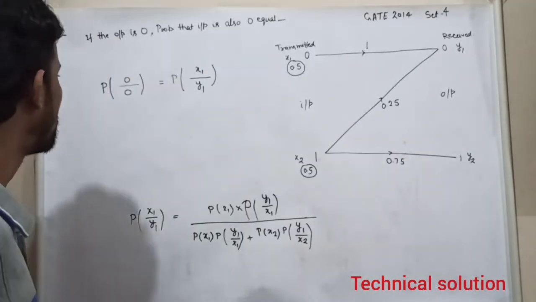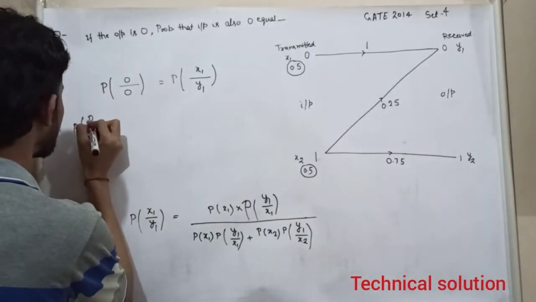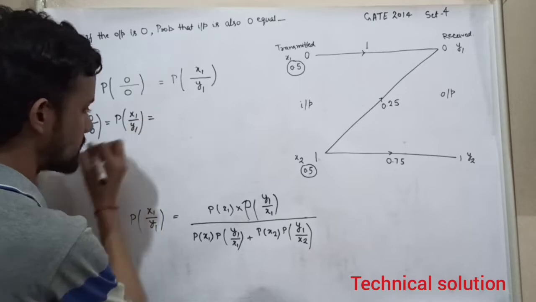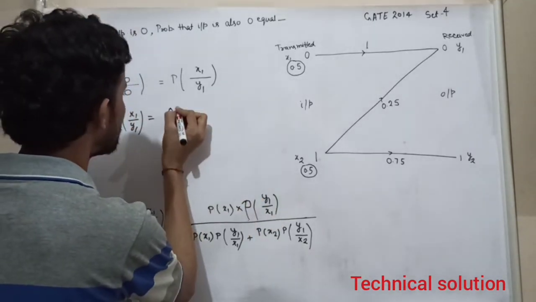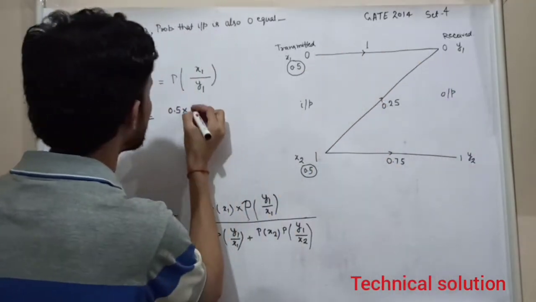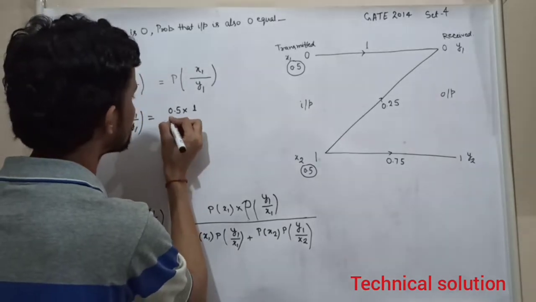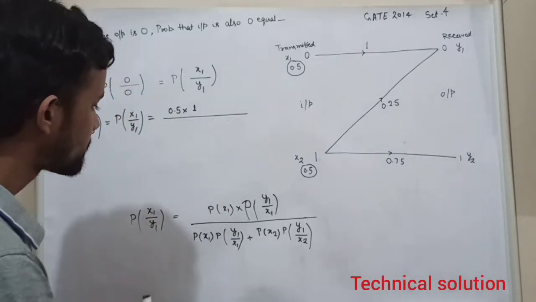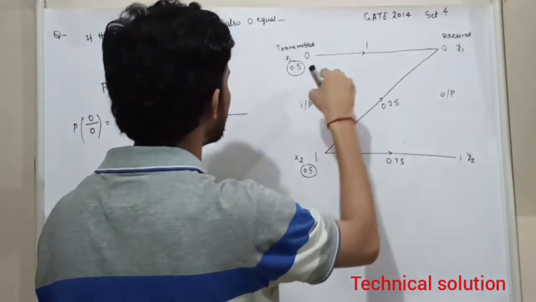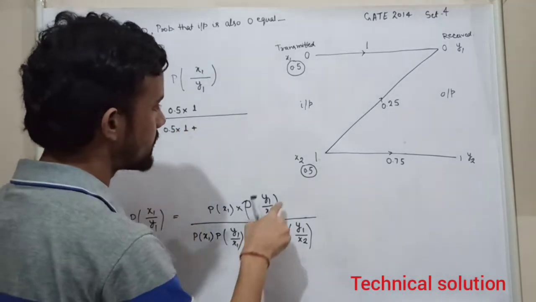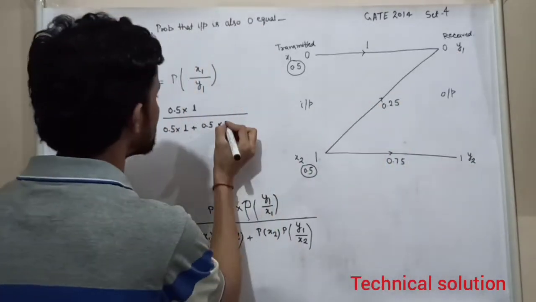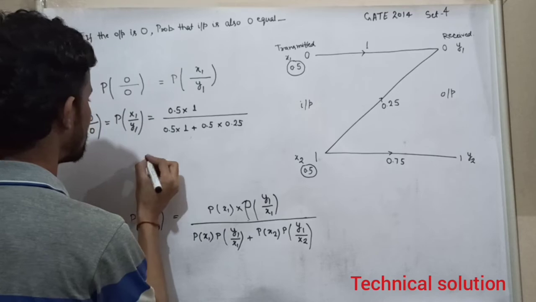So to find the value of this P(0/0) or P(x1/y1): the value of P(x1) is 0.5 and P(y1/x1) is 1, divided by P(x1) given as 0.5 and P(y1/x1) given as 1, plus P(x2) given as 0.5 into P(y1/x2) given as 0.25.